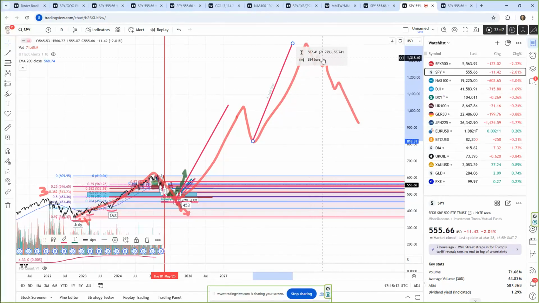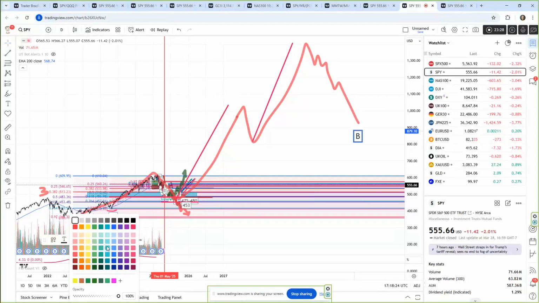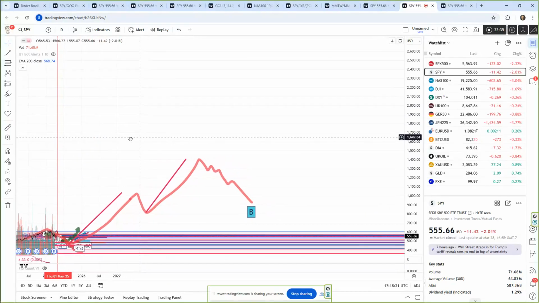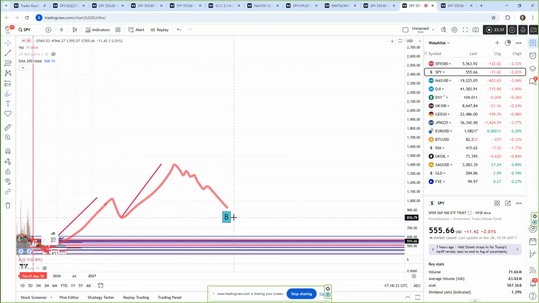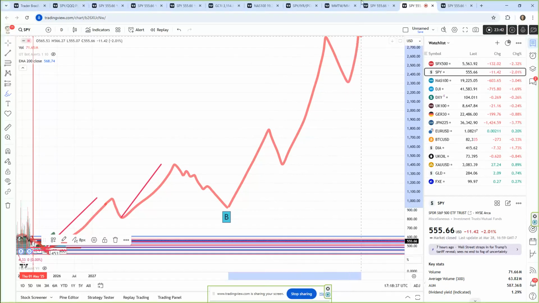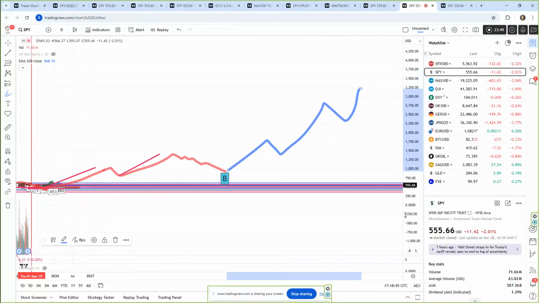And then we're going to move into potentially a wave B, a very big wave B pullback. And this could be tremendous because if this is a wave B pullback, guess what? Wave C is going to look like this. Wave C is going to be up, pause, up, pause, up. And yeah, then you're going to be coming to me going, Brad, what the heck?